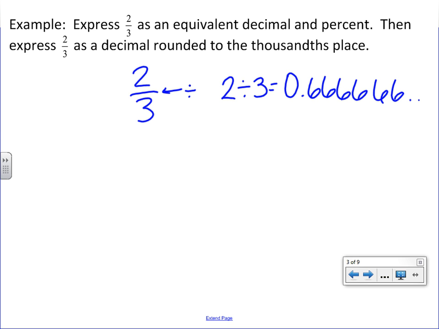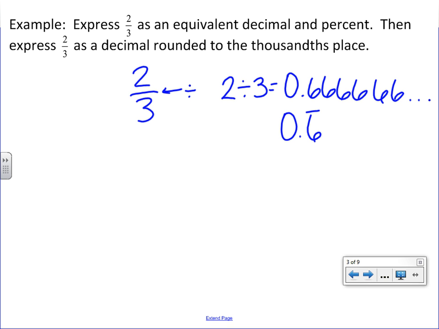It continues on and on. So what's being repeated here? A lot of you will make the mistake of putting 66 with a repeating bar over it. But that is incorrect. It's just the 6 itself that's being repeated. So we should write this as 0.6 with the 6 repeating.